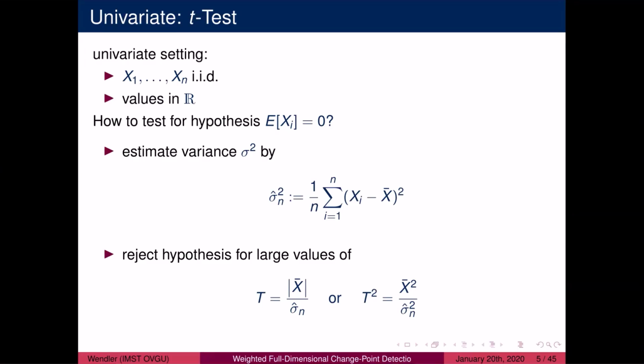You calculate the sample mean, you calculate the sample variance, and you standardize by the sample standard deviation. If this quotient is large, you reject your null hypothesis that the expectation is zero. Or if you want, you can also square the t-statistic if you think this is more beautiful. It doesn't matter, because squaring on the positive real line is a monotone transformation and doesn't change your test.